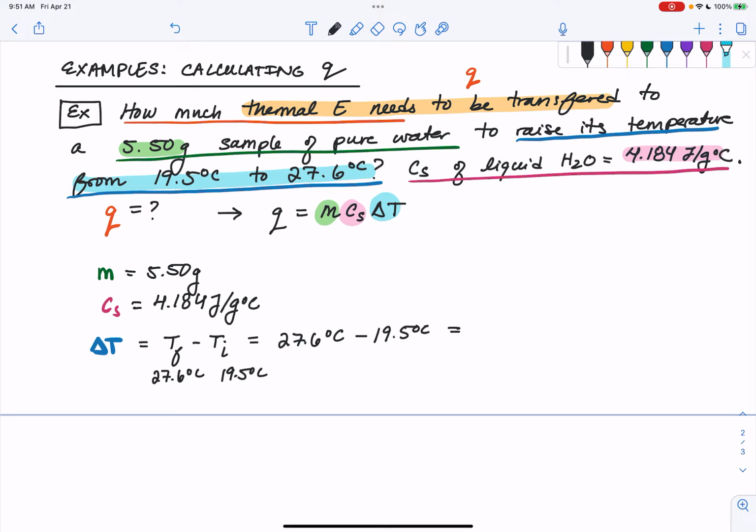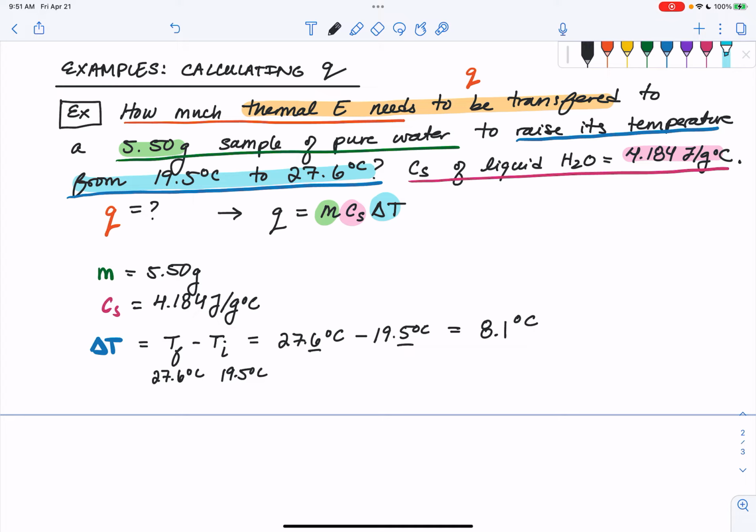And let's go ahead and figure out what delta T is now so we don't have to plug it in as a subtraction, right? This difference here in our actual equation. So 27.6 minus 19.5, that gives me 8.1, and that is only 2 sig figs because I'm limited to a decimal in a difference down to the 10th place.